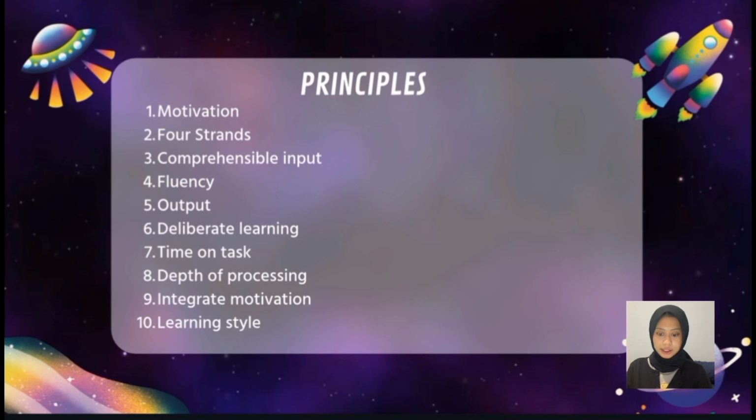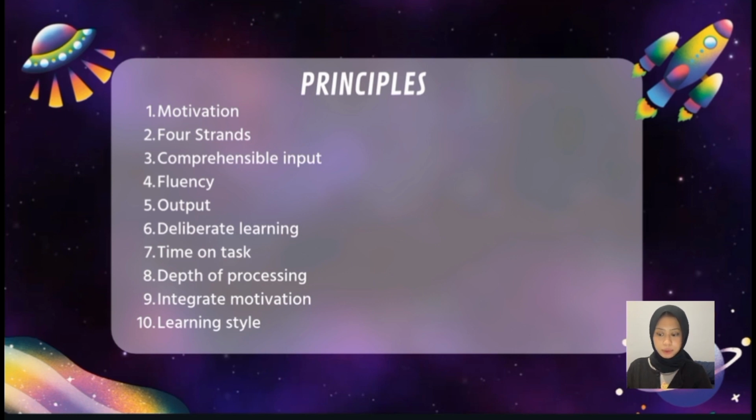The fourth one is fluency. A language course should provide activities aimed at increasing fluency, with which learners can use the language they already know, both receptively and productively. The fifth one is output.